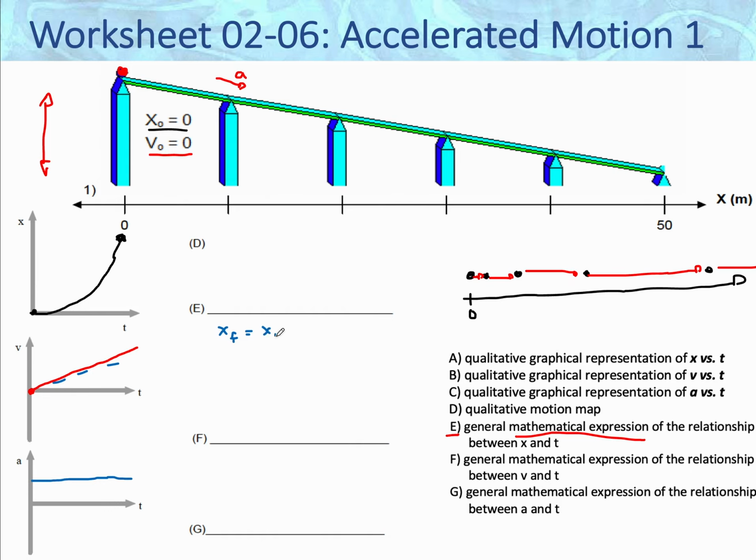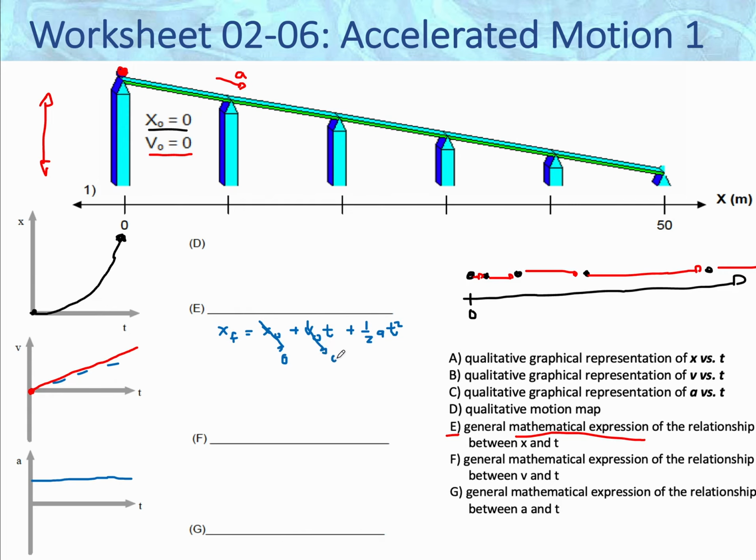The initial position plus v sub 0 times t plus 1/2 a t squared, the one we derived on just the previous slide. So in this particular case, it actually becomes very, very simple. Why? The initial position is 0. The initial velocity is also 0.